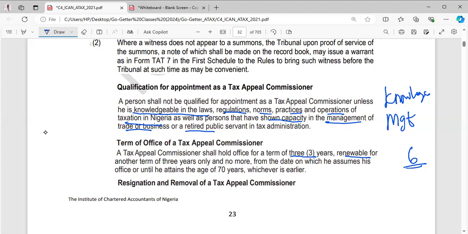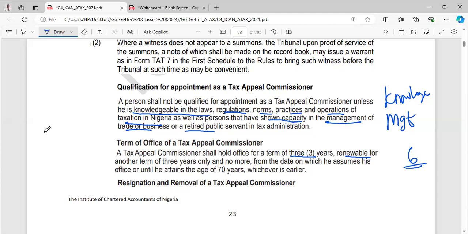But that's not our problem. Just know that you are going to hold a term. Your first term is 3 years, and if you are doing well, they could reappoint you for another term. So some people could get reappointed, some people may not be reappointed. While some people are finishing their second term, some people will be finishing their first term concurrently.